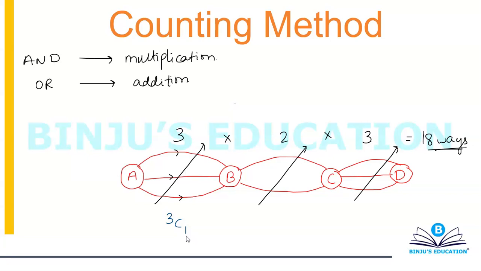If I want to go from B to C, then I have two ways and I can only select one, so that's 2C1. From C to D, I have three ways and I wish to select one, so that's 3C1 again. 3C1 is 3, 2C1 is 2, 3C1 is 3. So again you get 18 number of ways by which you can go from A to D.